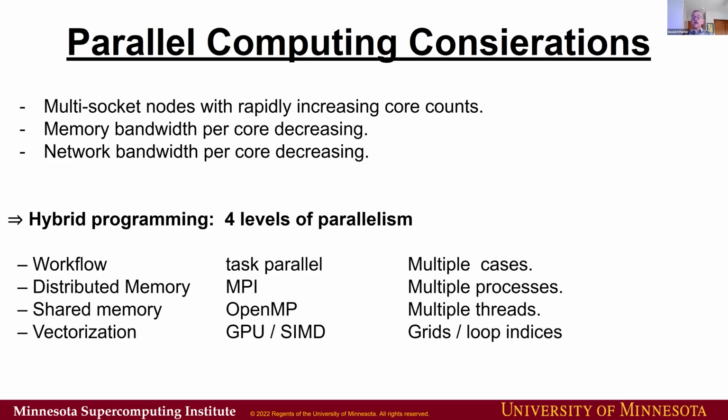They form a kind of natural hierarchy, where the top of the hierarchy is the overall workflow itself. This might correspond to multiple independent cases that you would process, and they would be naturally supported by a task array.